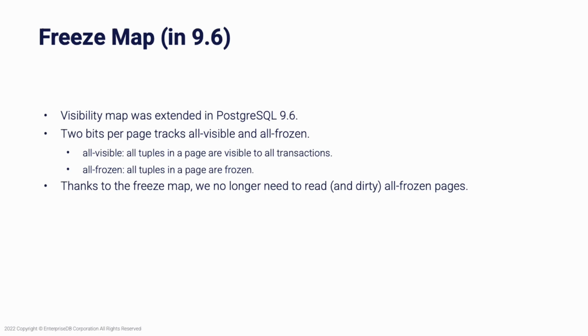So from 9.6, the visibility map has 2 bits per page: the all-visible bit and the all-frozen bit. Setting the all-visible bit means that all tuples on a page are visible to all transactions. In other words, the page doesn't have any garbage or in-progress modification. This is used by vacuum to optimize scanning the heap and is also used by index-only scans.